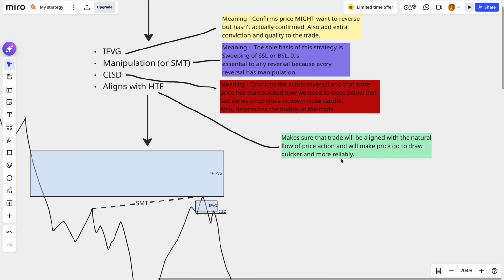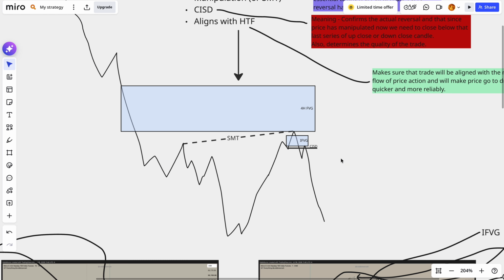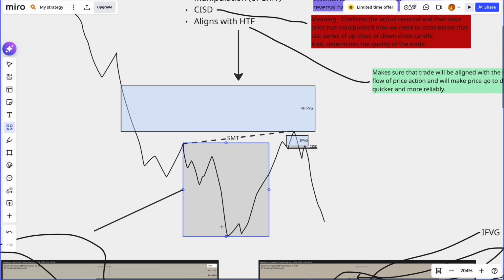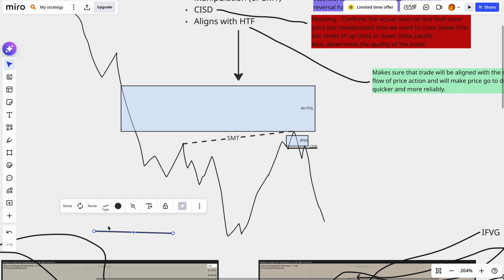Make sure that the trades are aligned with the higher time frame, the natural flow of price action, and that will make the price go to your draw quicker. Because if we didn't have this here and we were just shorting, say this is just some liquidity. This is a line. This is buy side liquidity, and then we have this change of the state right here.